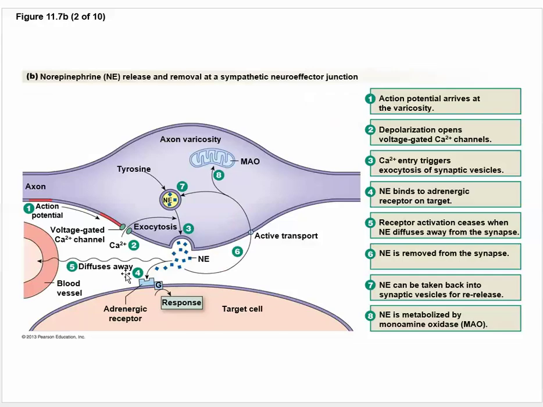When they're activated, they just release norepinephrine, and there are receptors for it.